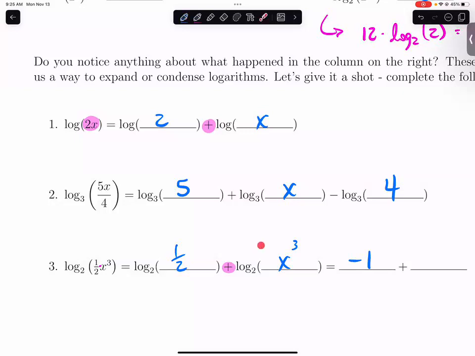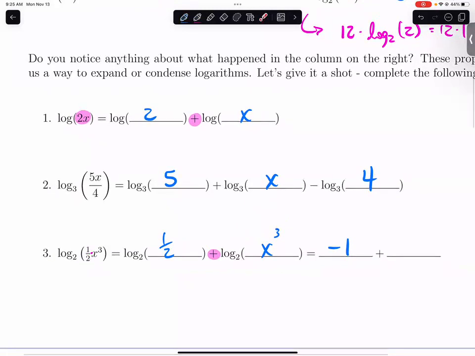Can I do anything else with this? X doesn't really mean anything, but x cubed has a power on it. We can always deal with exponents, with powers inside a log, by bringing them down. All right, so that's that power rule. This is asking how many 2's are in x cubed.